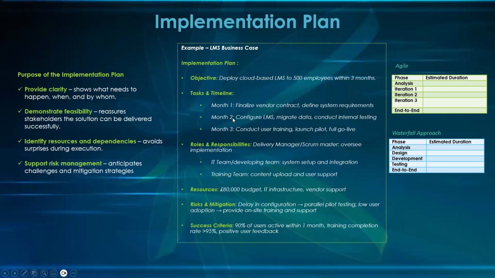In your sprint, you can decide that in your second month you want to break it down to 2 weeks. You can now be putting the things in place, but at the end of 3 months you have to go live. So at 3 months, conduct user training and launch full go live.